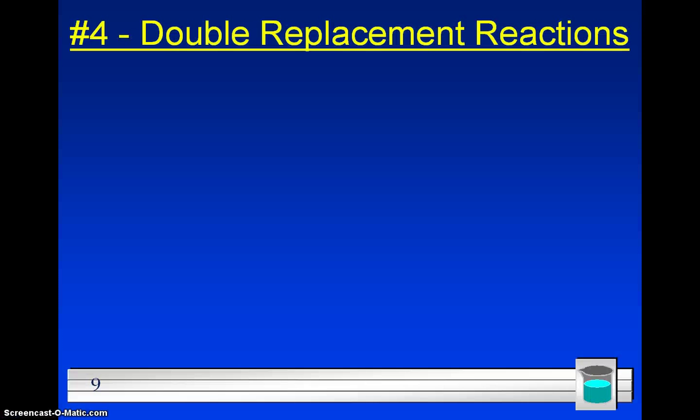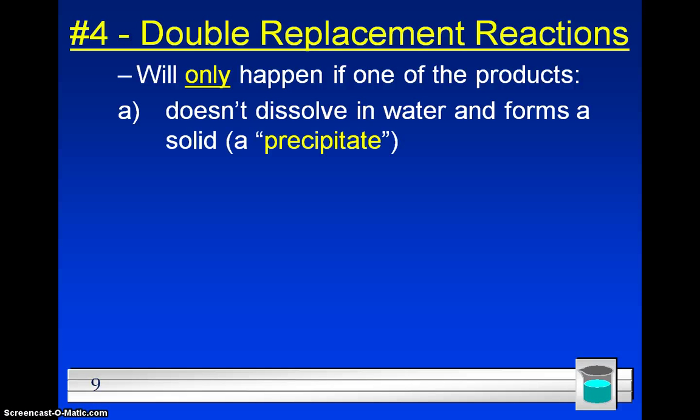In a double replacement reaction of this type, they will only happen if, when you dissolve two ionic compounds and put them together in aqueous solution, one of the products that is formed is insoluble in water, or not able to dissolve in water, and therefore forms a solid, which we call a precipitate.